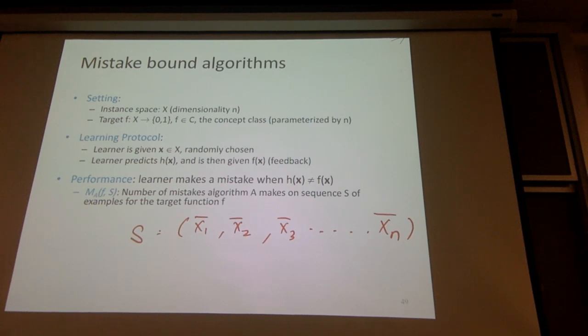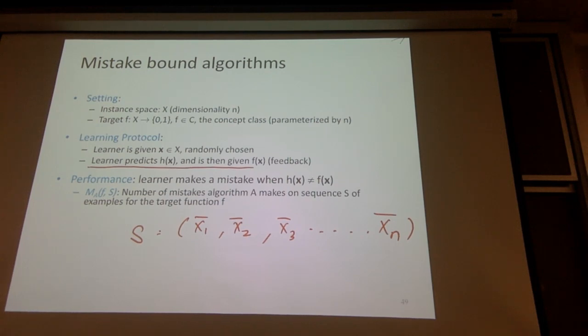And the learner uses some algorithm. Internally, after this step, the learner gets to reset its state and choose a new hypothesis. That procedure, let's call that algorithm A. The learning algorithm is A. Given a particular sequence of examples, we can count the number of mistakes that this protocol, this game, has made on the sequence for a particular function.